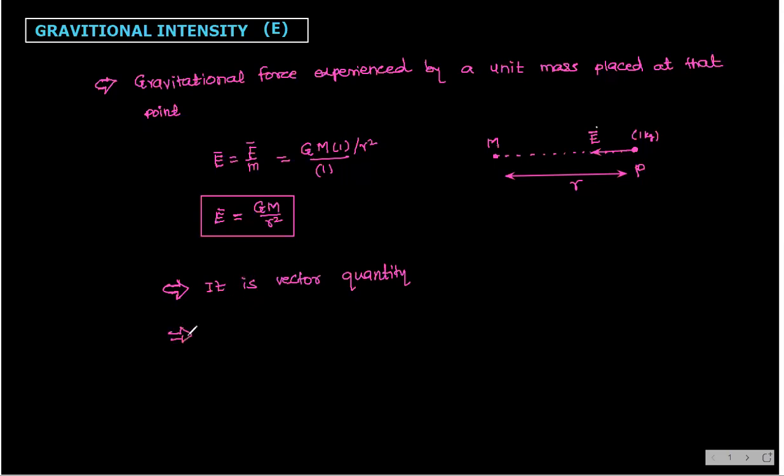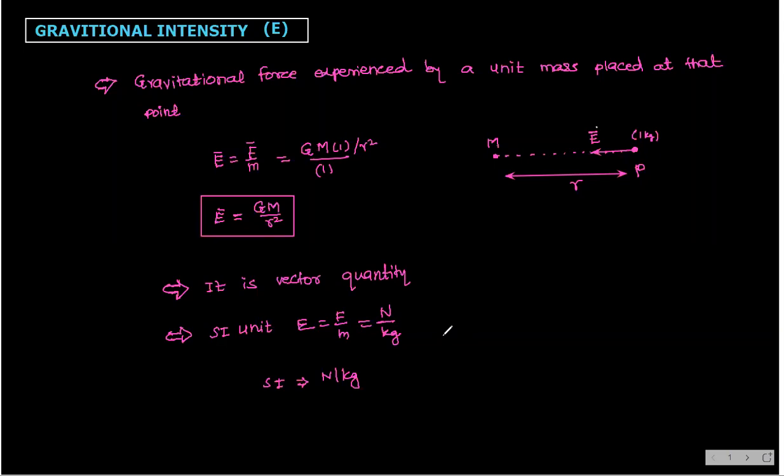See, E is equal to F by m. F we are measuring in Newton, force we are measuring in Newton, mass we are measuring in kg. So therefore, what will be its SI unit? Tell me. Newton per kg. Understood?